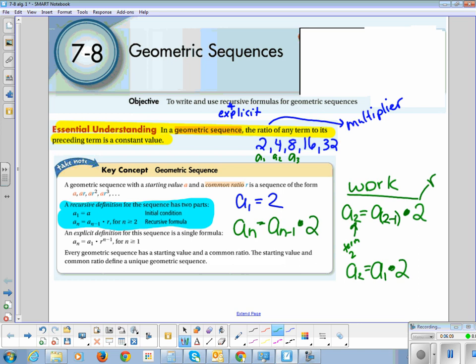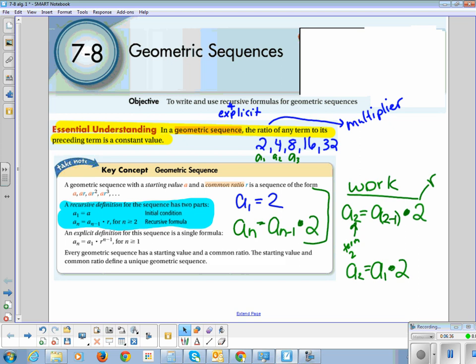So what we did right here with a1 equals 2 and a_n equals a_(n-1) times 2 is we wrote a recursive formula. So if I have 4, I know how to get to my third term. I just multiply by 2 and I get 8. If I'm at 8, I know how to get to my next term. I just take 8 and multiply by 2. So each time we're multiplying by 2.